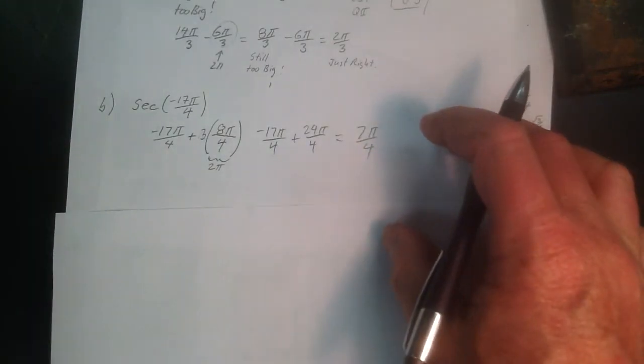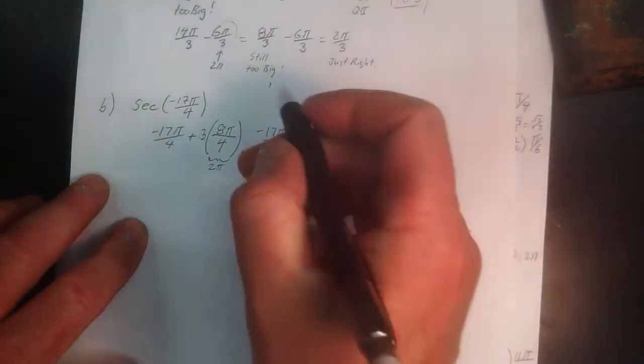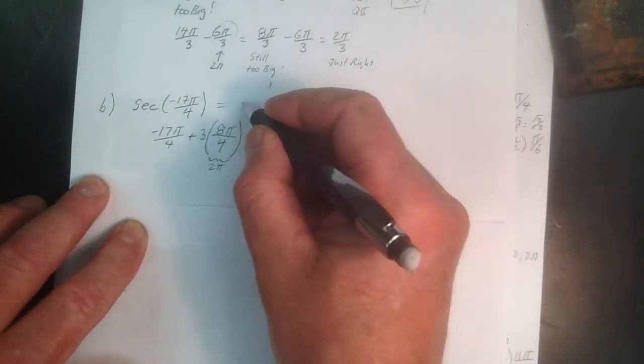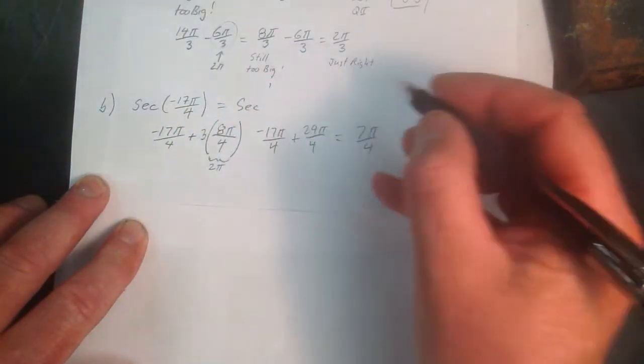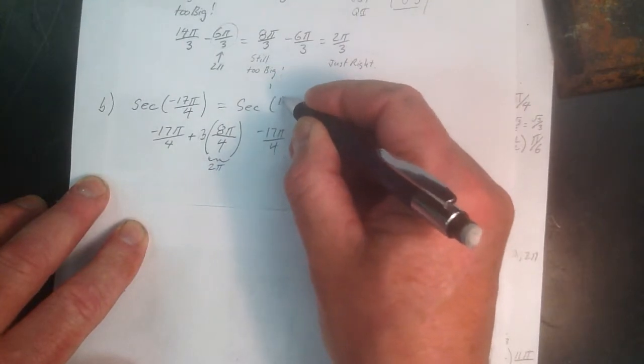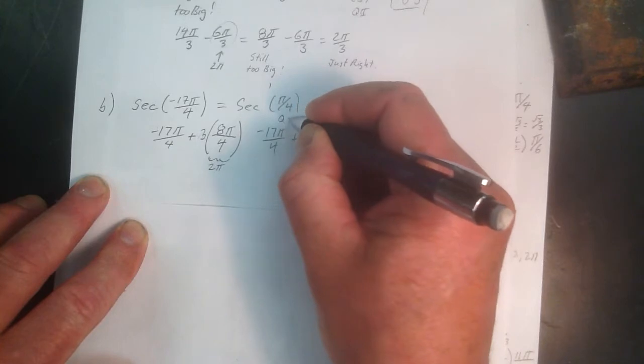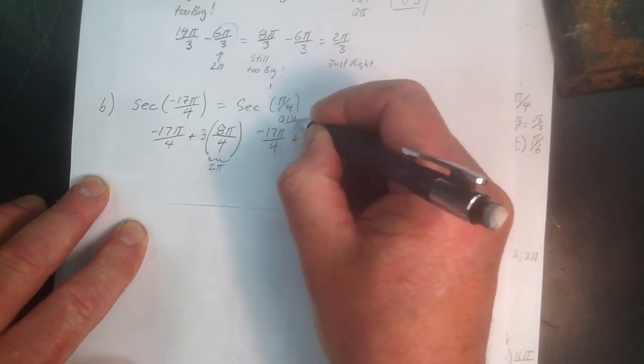If I look at my unit circle, what it's really asking me to do is find the secant of pi over 4 in a triangle written in quadrant 4.